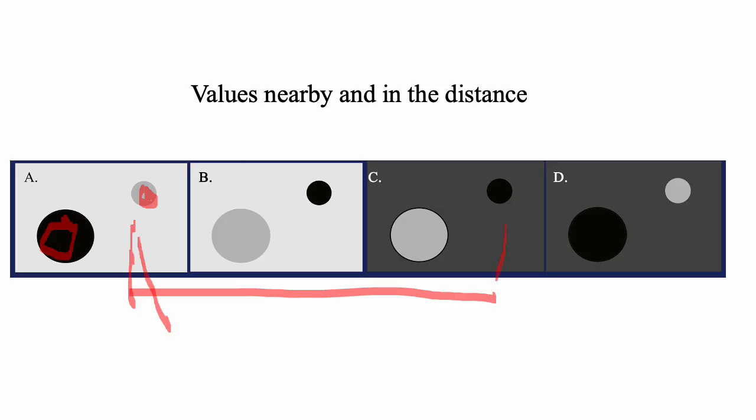This one also makes sense because the darker one is merging with the background, so it seems further away than this light one here. But these two are confusing, and it confuses our sense of depth, so it flattens the image. We're not sure which one of these is closer.